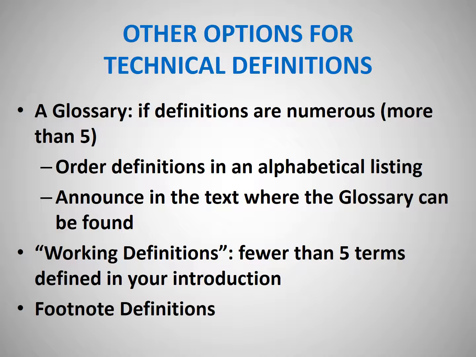If you've got more than 5 terms or concepts that you are defining, then what you want to do is create a glossary. A glossary is an alphabetically ordered list of definitions, right? Starting with A and going through Z. So, basically just like a dictionary, all right?